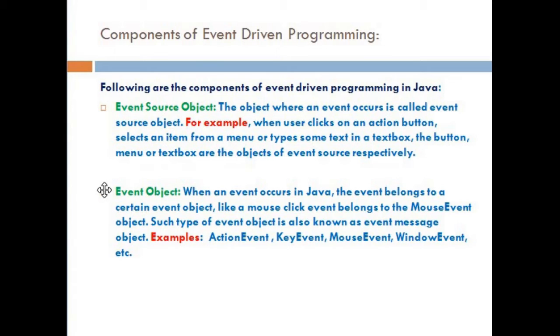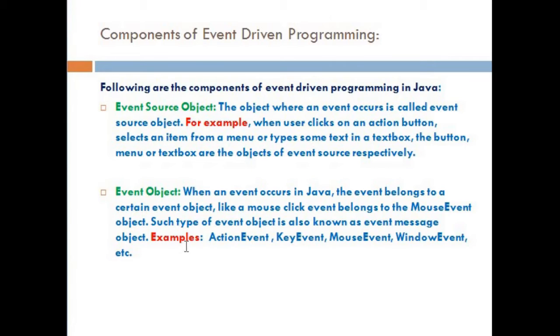Then, the second point is all about the event object. When an event occurs in Java, the event belongs to a certain event object. For instance, a mouse click event shall belong to a particular object known as the mouse event object. Such an event object is also known as the event message object.